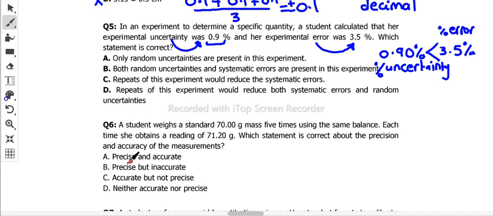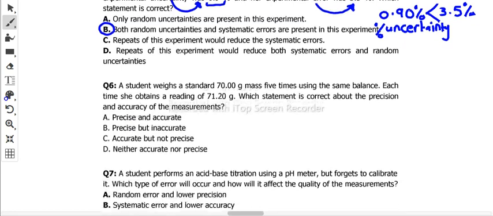Definitely this is incorrect. If I have only random, the percentage uncertainty should be larger than the percentage error. Both random uncertainty and systematic error are present in this experiment. Yes, this is actually a correct answer. So if the percentage uncertainty was smaller and your percentage error was higher, this is an indication of having both systematic and random errors at the same time inside your experiment.